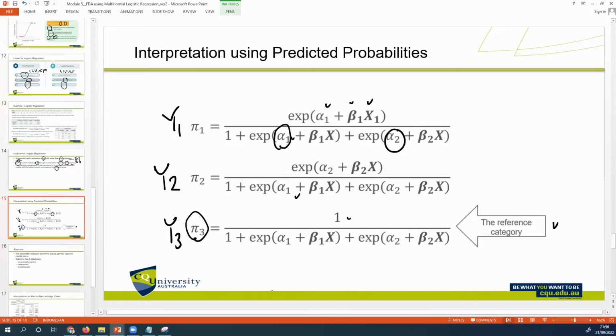There is no minus here, all positive. In binary, y is equal to 1 divided by 1 plus exponential of minus constant plus beta x, with minus. So in multinomial, all positive, no minus.